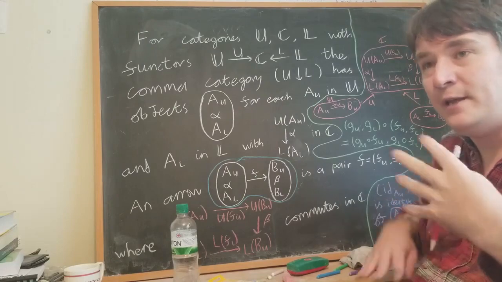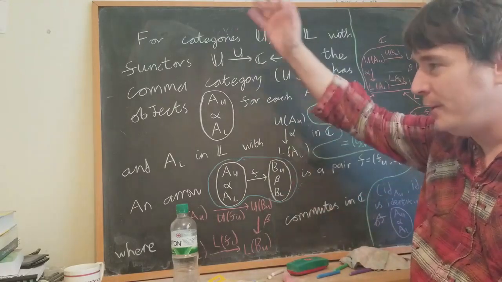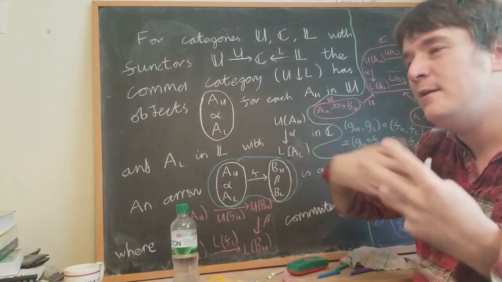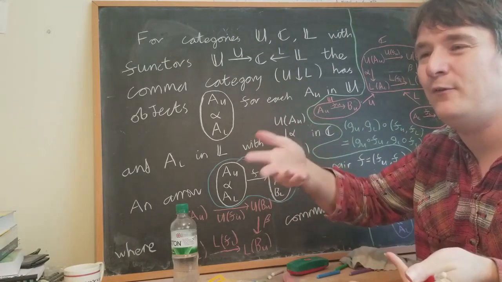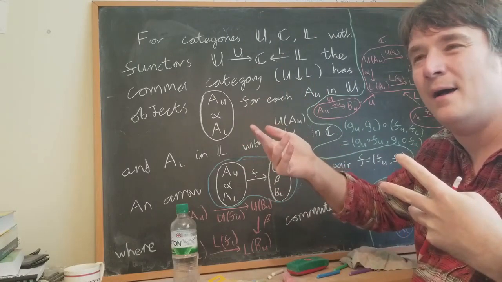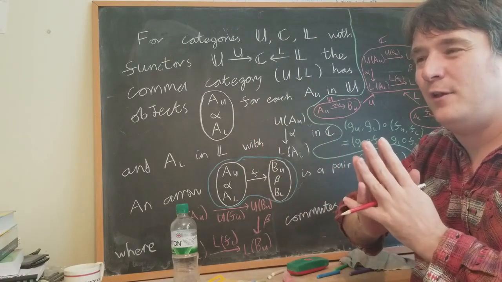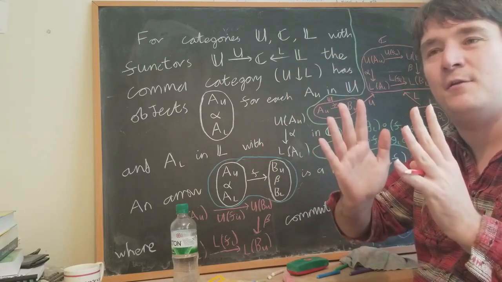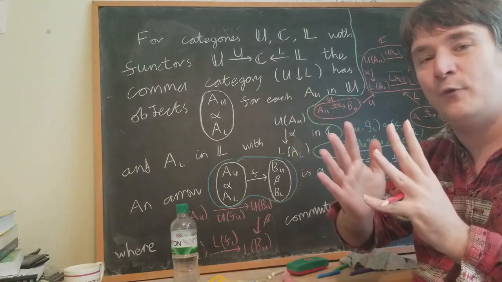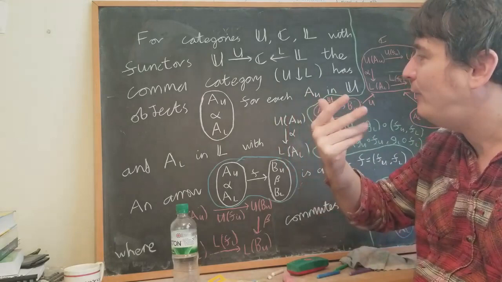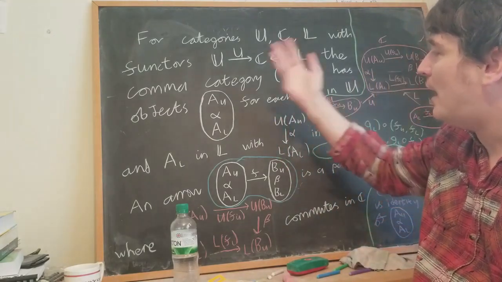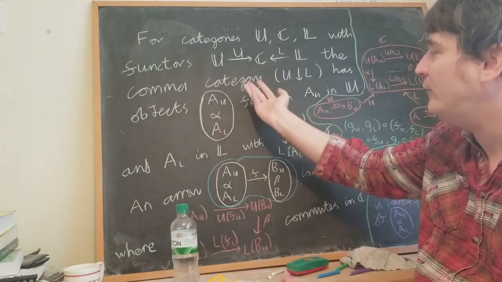Now, I have already given you a definition, but it's kind of long-winded: if we have such and such, then there exists this, such that... And there's a really short definition of what a universal morphism is. But in order to understand that, we have to look at another idea called a comma category.